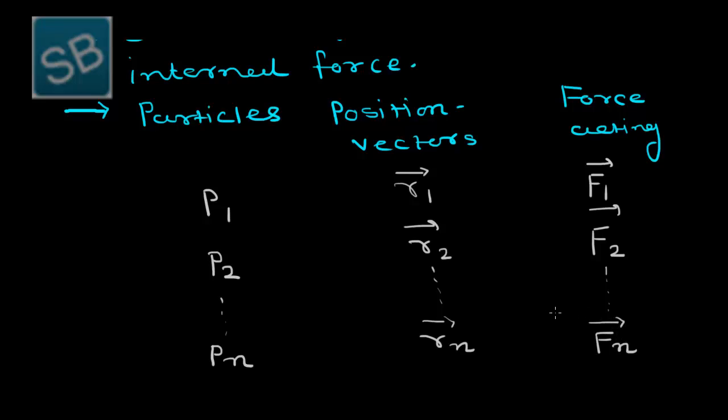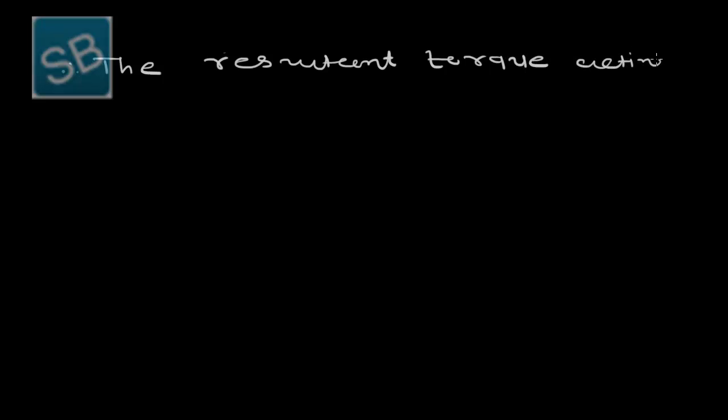And so with this, the resultant torque acting on every particle of the system I am denoting as tau vector.